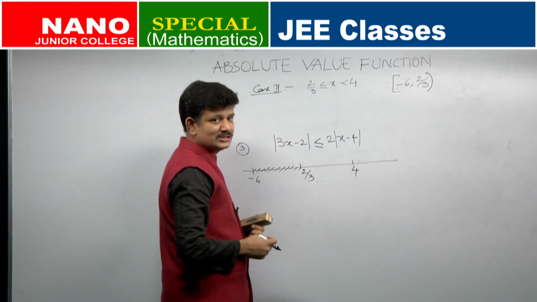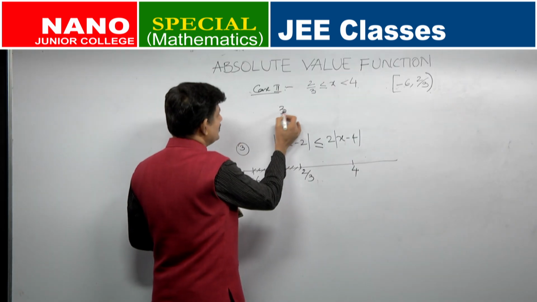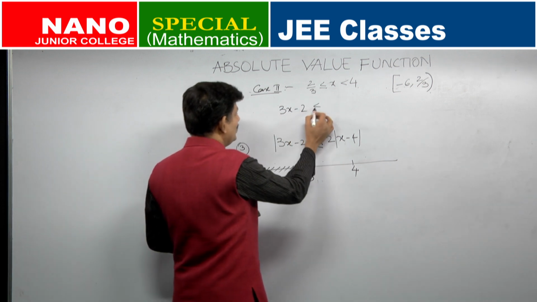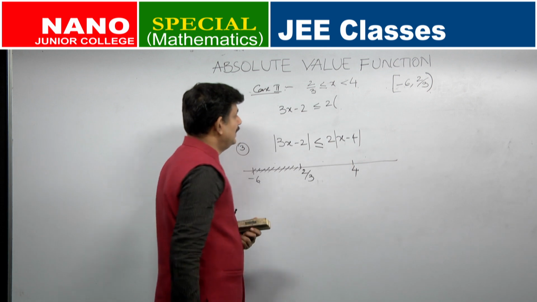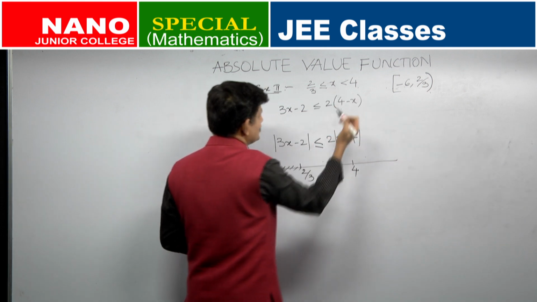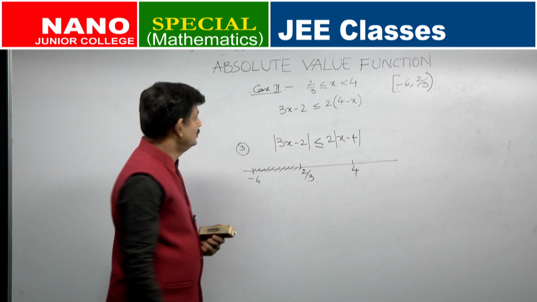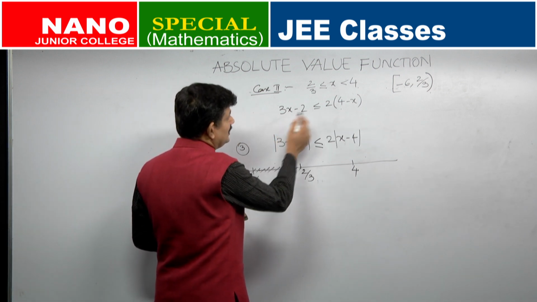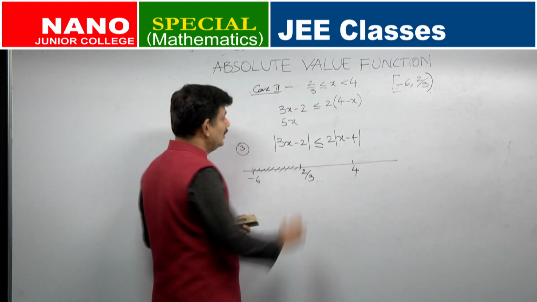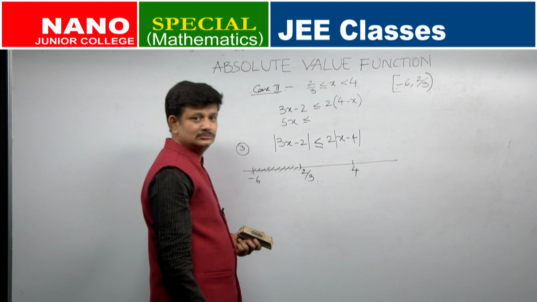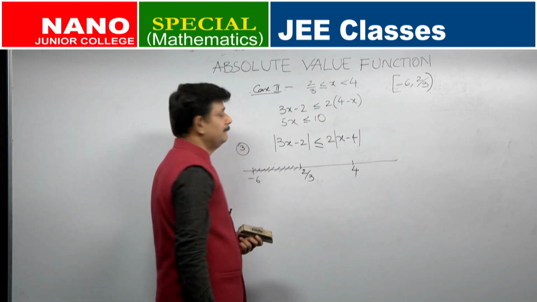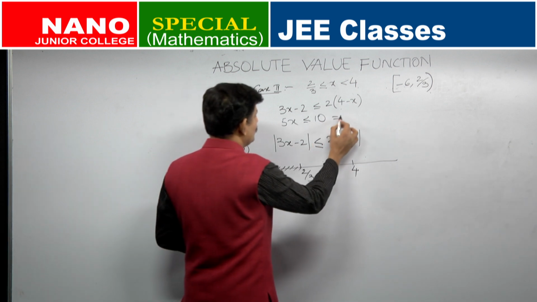So, mod 3x minus 2 will be 3x minus 2 itself, less than or equal to 2 times, x is less than 4, so mod x minus 4 will be 4 minus x. So, what do I get from here? 3x minus 2x, 5x less than or equal to 8 plus 2, 10. So, x less than or equal to 2.